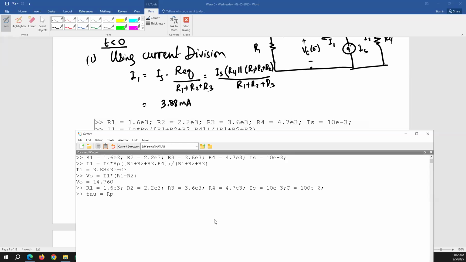Anyways, Rp of R1 plus R2, R3 plus R4, times C gives 0.2607, 260.7 millisecond.